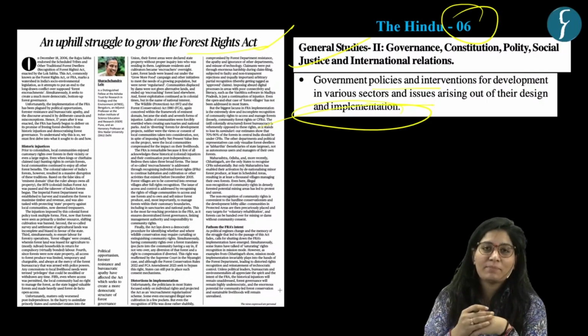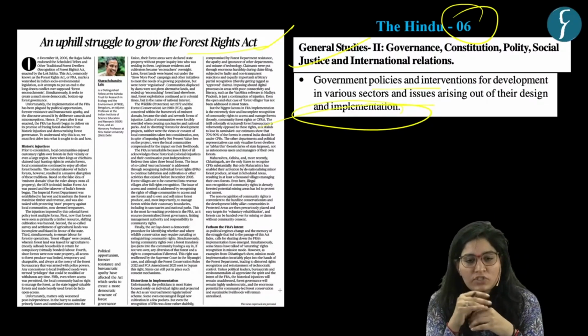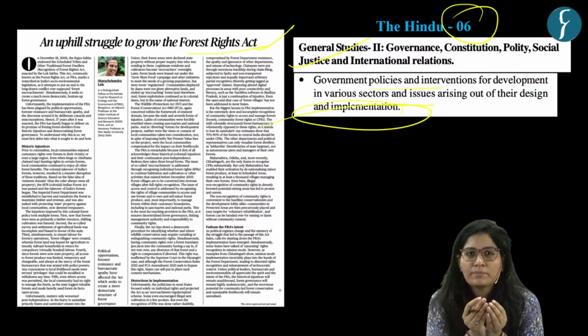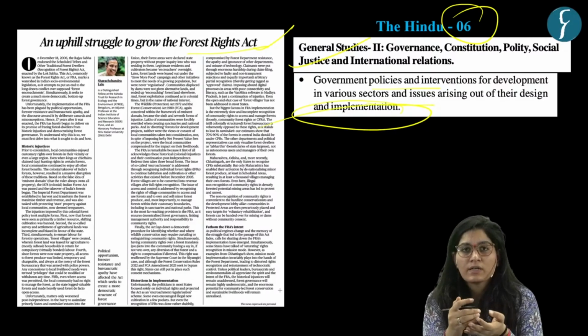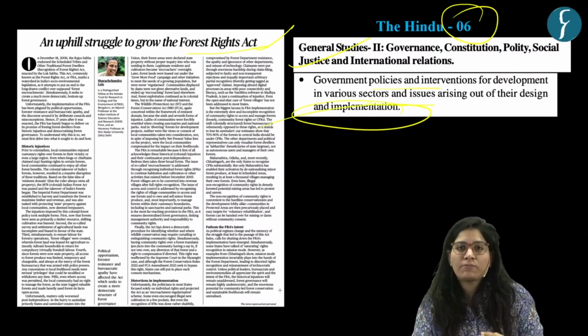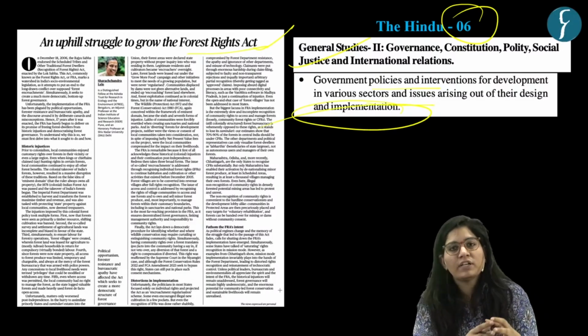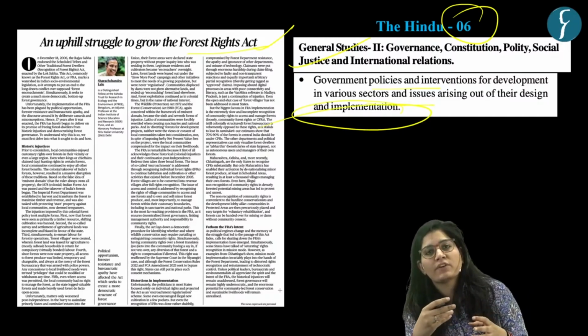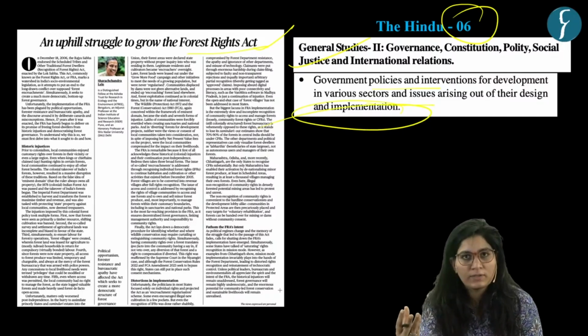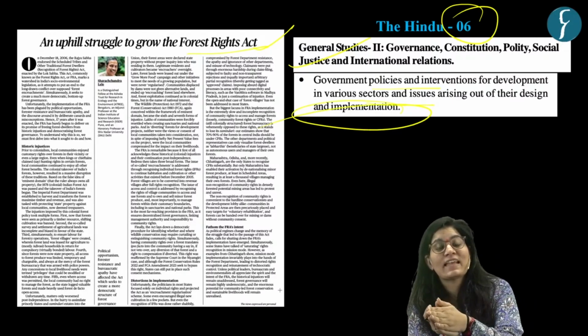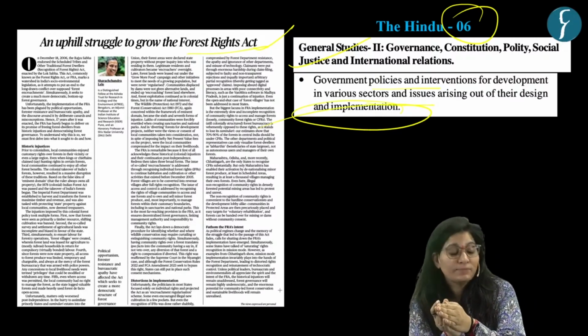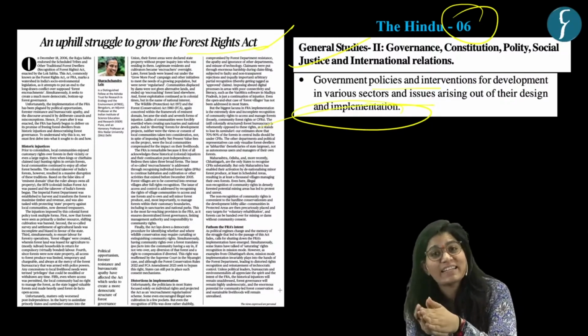Then the British came up, and to control forest resources, the British curbed the rights of forest dwellers by bringing up legislations like the Indian Forest Act 1927.